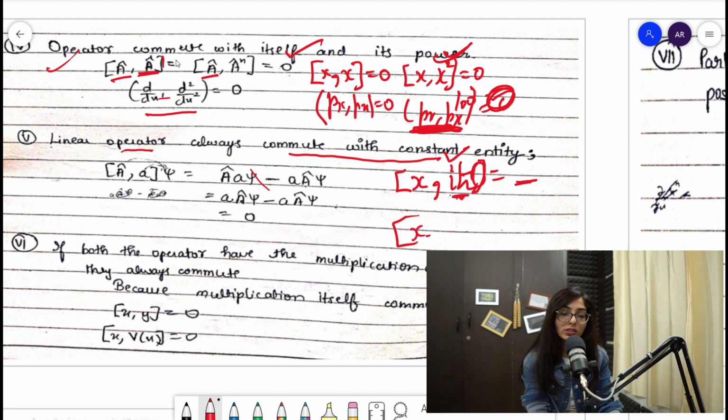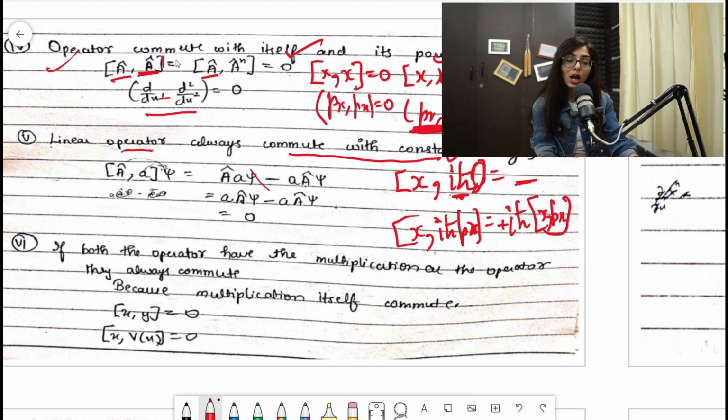If it were iħ px, you would take the iħ outside and write [x, px]. But now no operator is there with iħ, so any constant with x in a commutator gives 0. Commute means the value will be 0. I hope that is clear.